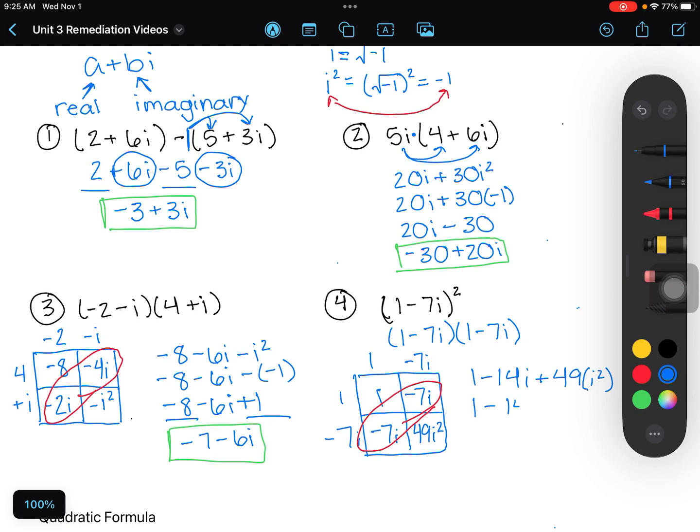So 1 minus 14i minus 49. And then I have two like terms. So negative 48 minus 14i. And let's just double check that the real part is in front, which it is. So there we go. This is a nice overview of the operations that we can do with complex numbers.